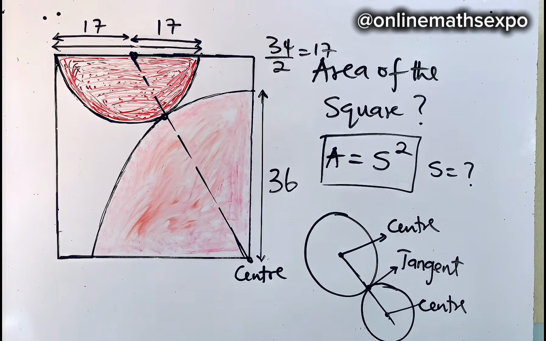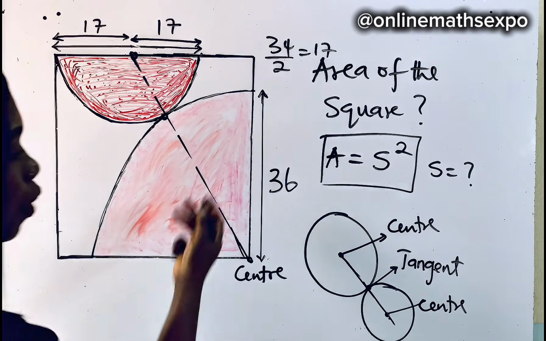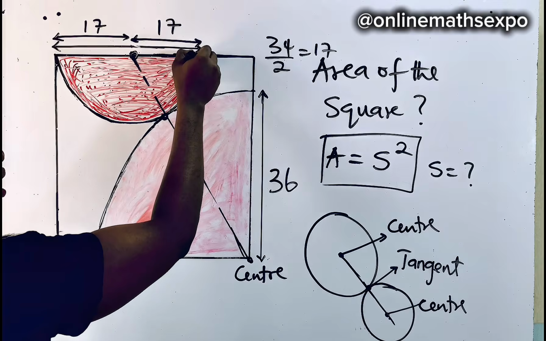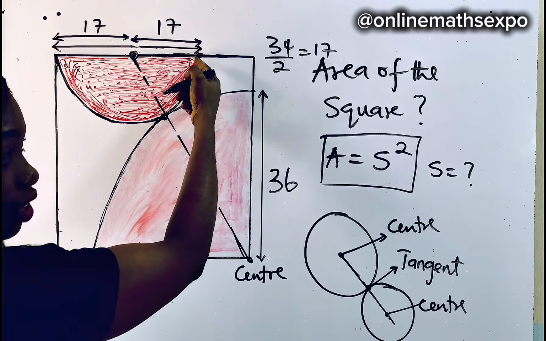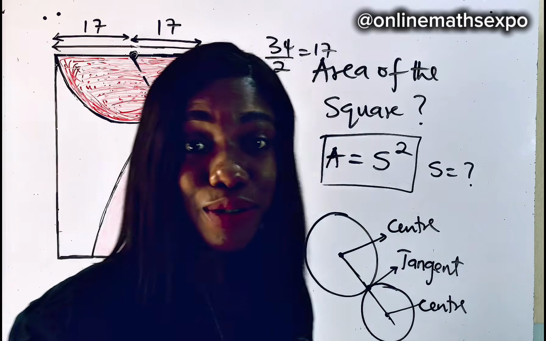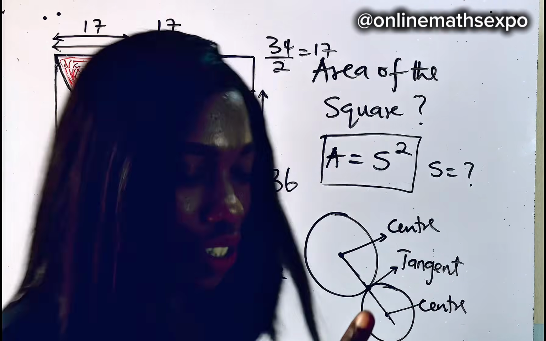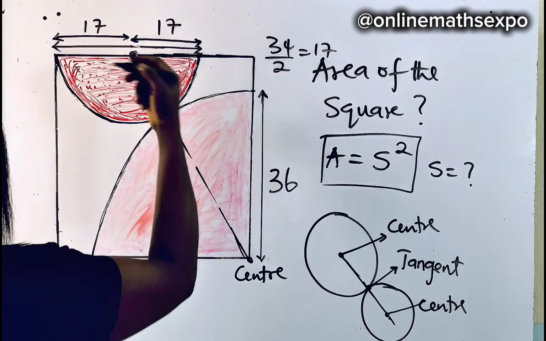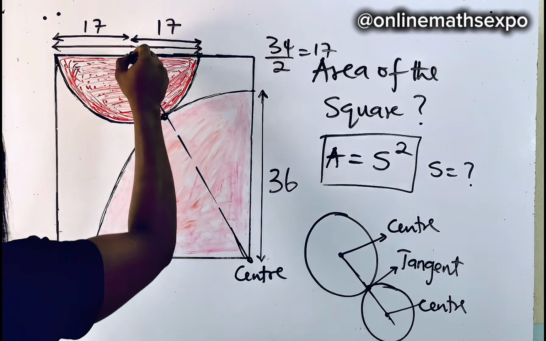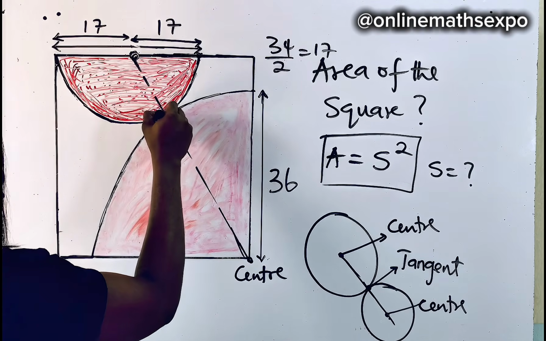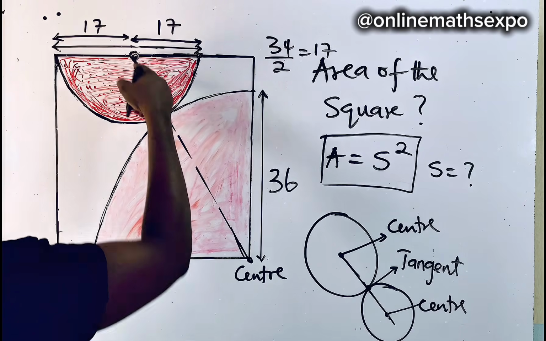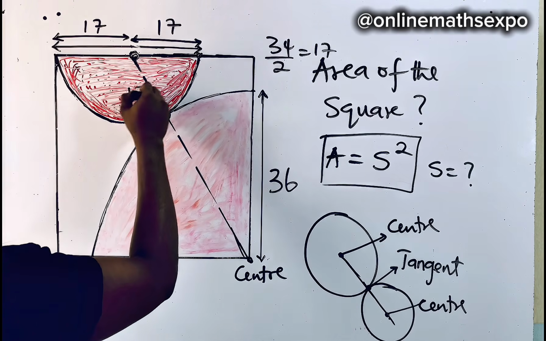Now, what do we do next? If you go back to this diagram, remember that from here to here is the radius of this half circle, and radius is the line from the center touching any part of the circumference. So we can also get another radius, and in that case, from here down to this end is also the radius, and if from here to here is 17, this one also measures 17.